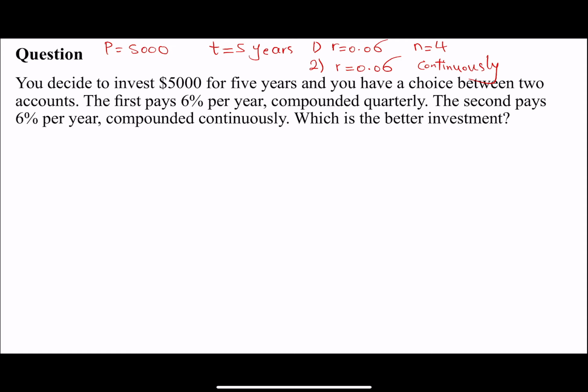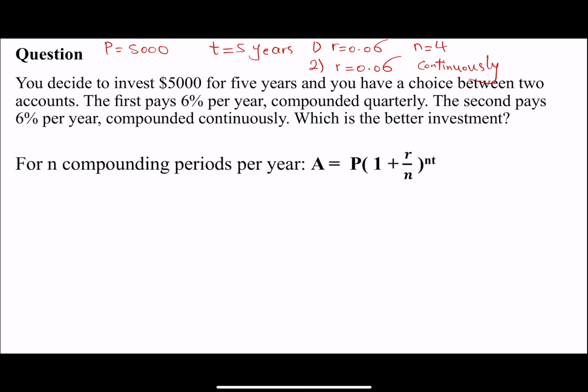So first option is compounded quarterly, 4 times a year, and n is equal to 4. Interest is 6%. I just use the equation for compounded n times a year and plug in the values. Second one is continuous.